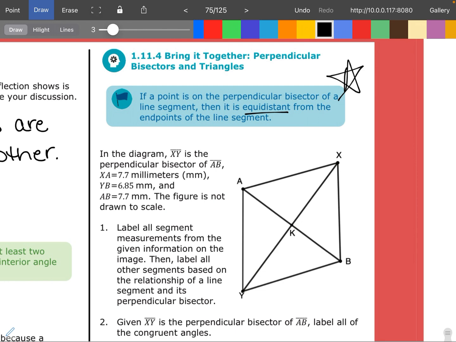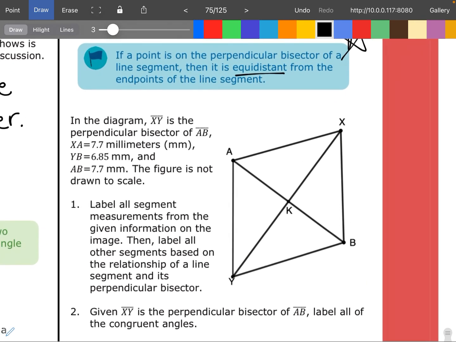In the diagram over here, YX or XY is the perpendicular bisector of segment AB. Let me go ahead and mark some of this stuff up so I know that I've got right angles all the way around. I'm not going to mark them below. I also know that AK is going to be congruent to BK.